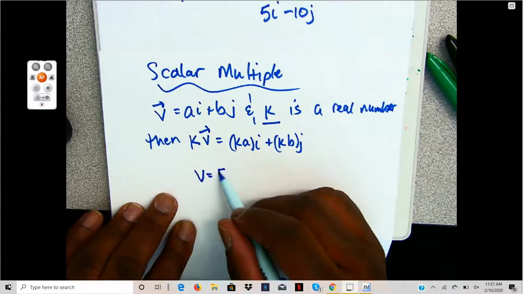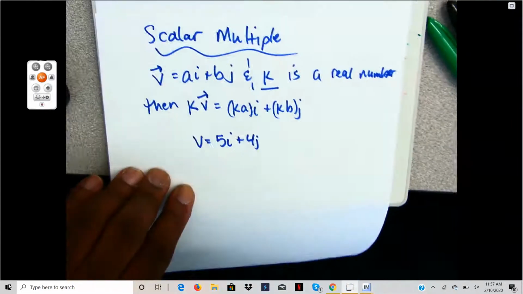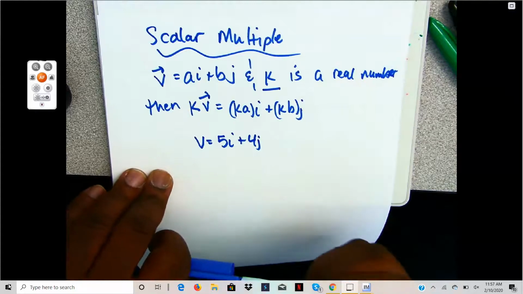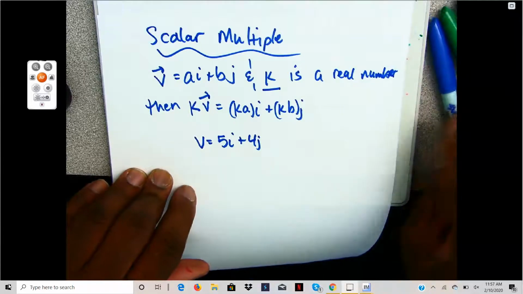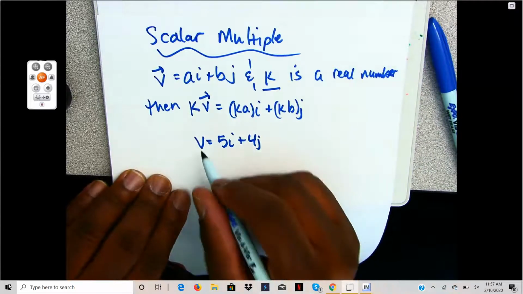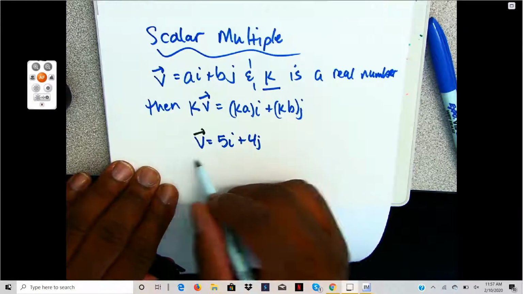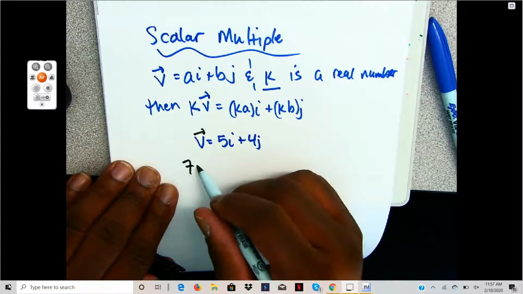See, it's not so bad just yet. I honestly think it's going to be easier than what we just did. So here we have some vector v, it's 5i plus 4j. What if we multiplied 7v?